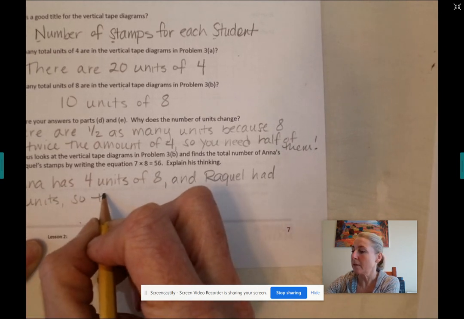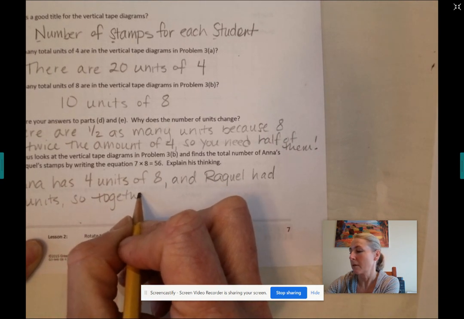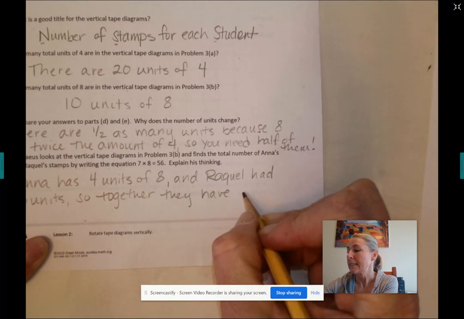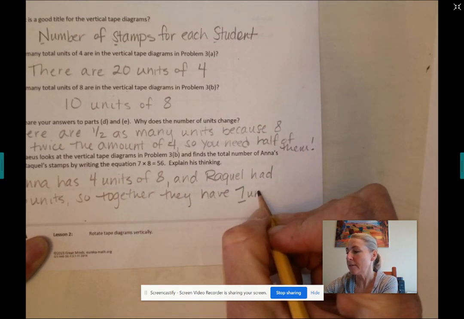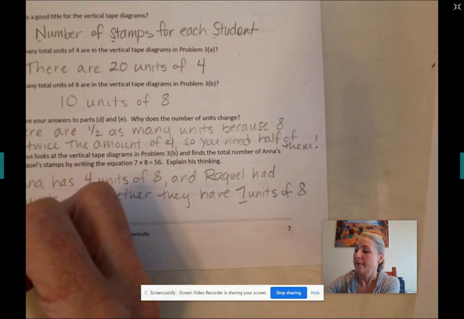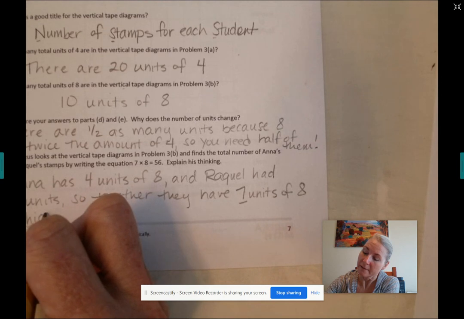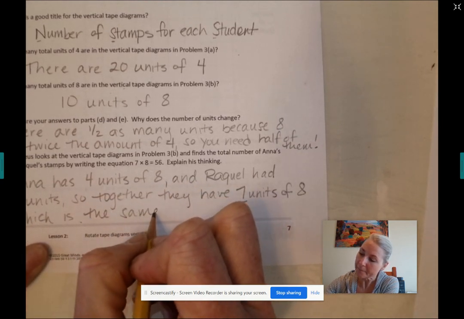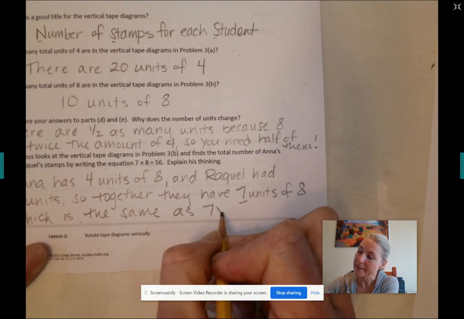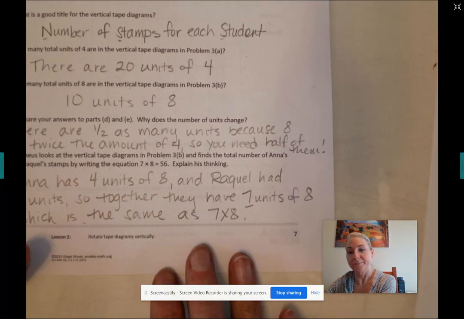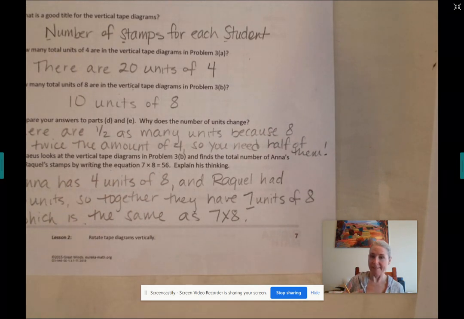So together, they have 7 units of 8, which is the same as 7 times 8, right? 7 8s, 7 times 8, all the same.